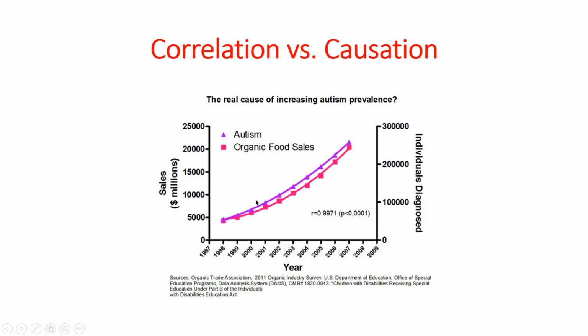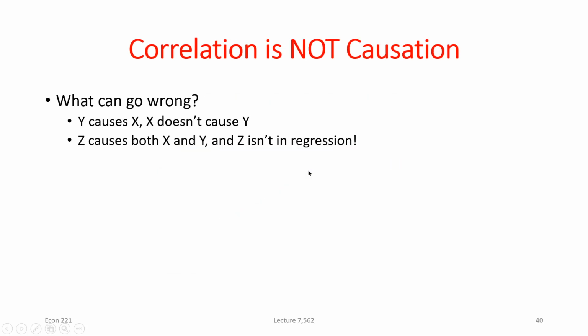Maybe it's an increased interest in individual health in general, right? Or maybe it's not that autism rates are going up severely. Maybe it's that they are just being diagnosed better, right? People are getting to the doctor more. People are a little bit more aware and able to make the diagnosis a little bit better. But also people caring more about their health might be driving the organic food sales as well. So it could be this third outside factor, right?